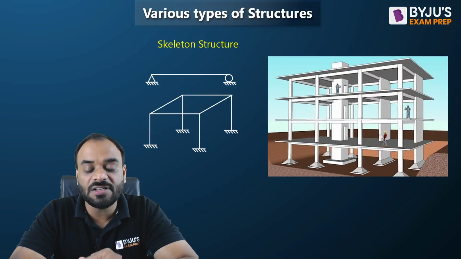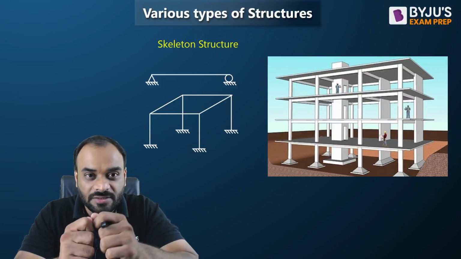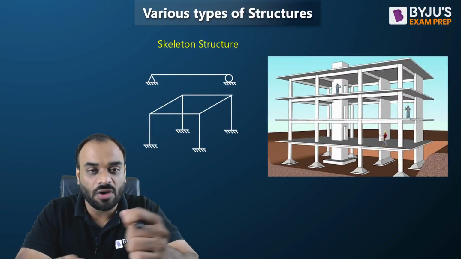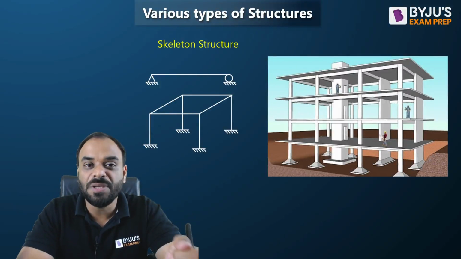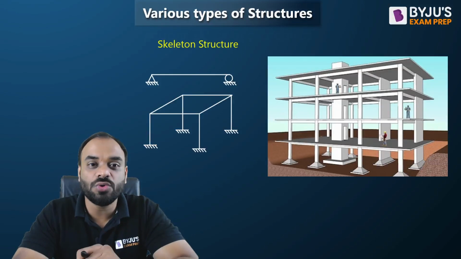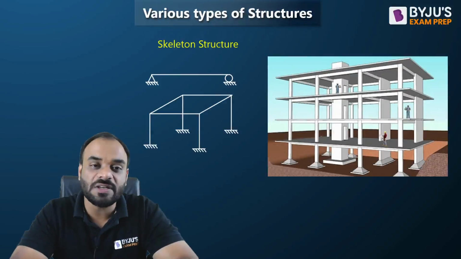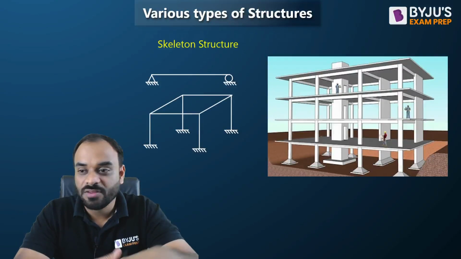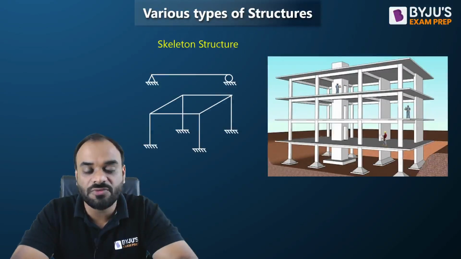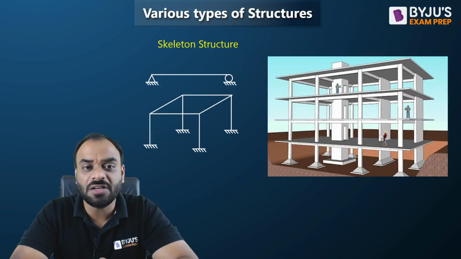Now in this particular structure, the main thing is the length of a member, whether it is a column or a beam, because in these structures you just know the length of a member and the other dimensions are not known to us 100%. You can say that the width or the depth is not fixed yet, but we know the dimension of length, and according to that we analyze this type of structure.